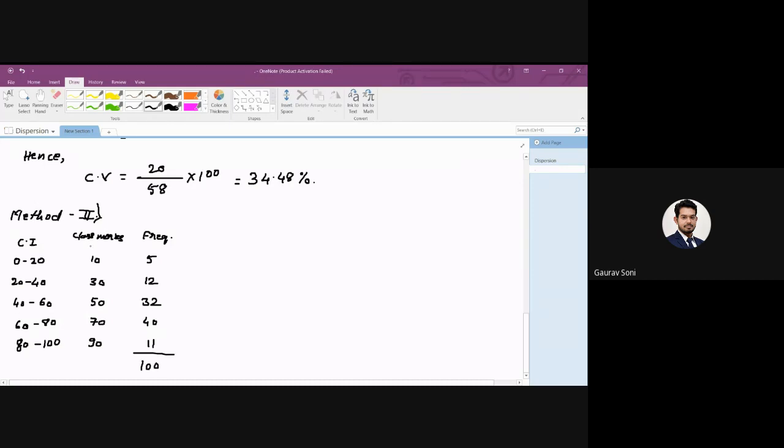Now these are the xi. We saw if we take the xi as it is, what big numbers we get.